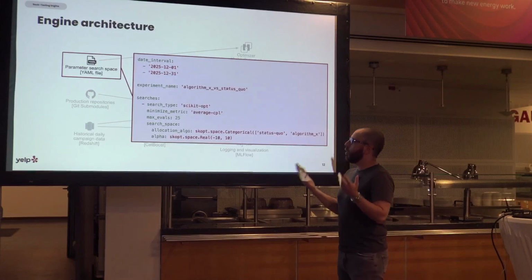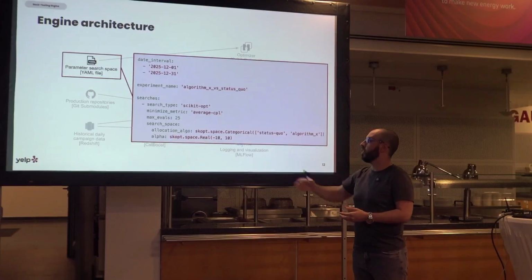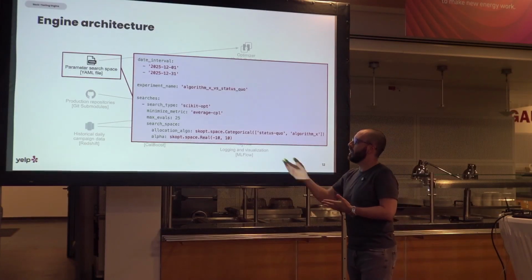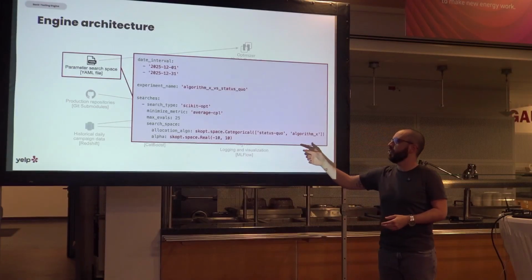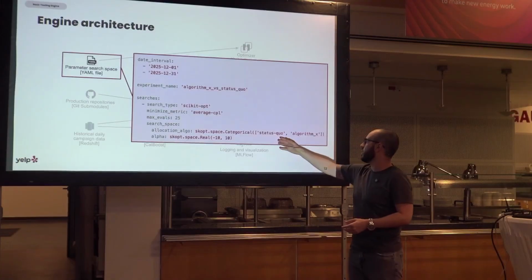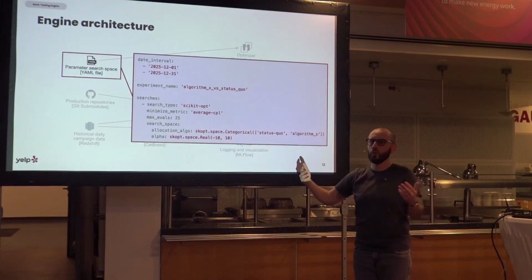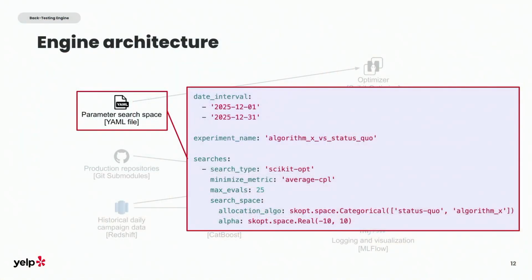Depending on what we want to test, we have as many parameters as we want. This is of course just a fictional example: we have the name of the allocation algorithm, which may be status quo, or the new algorithm that we want to try, algorithm X. Algorithm X also takes as input a parameter called alpha, and alpha is a real number between -10 and 10.